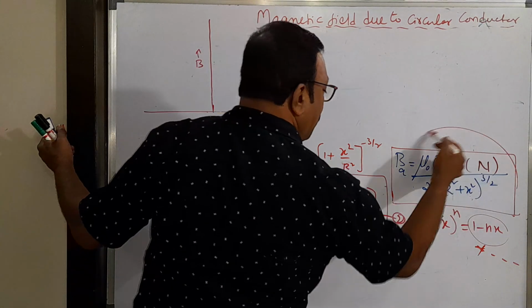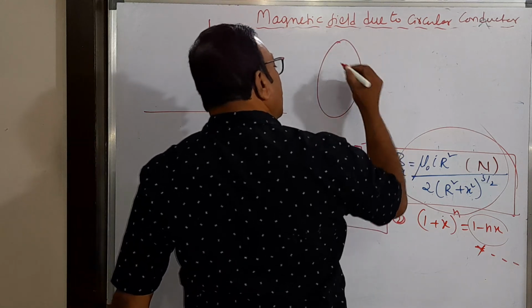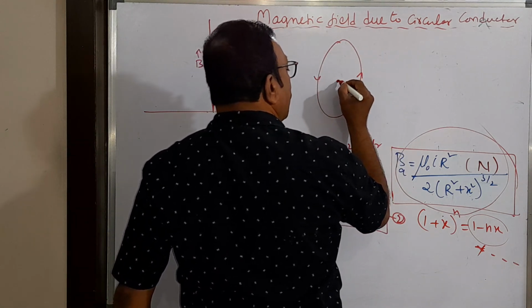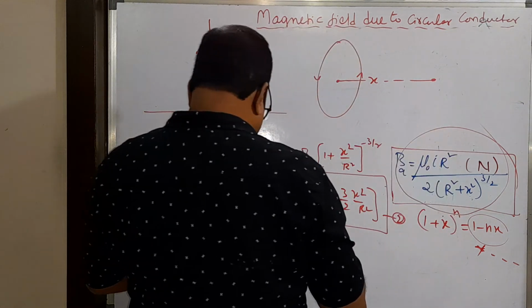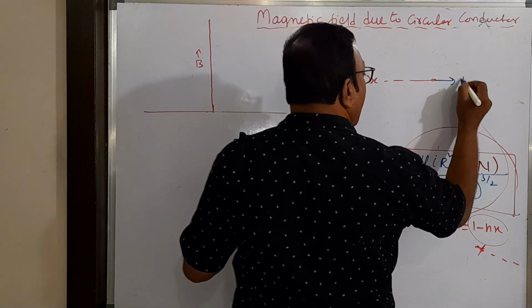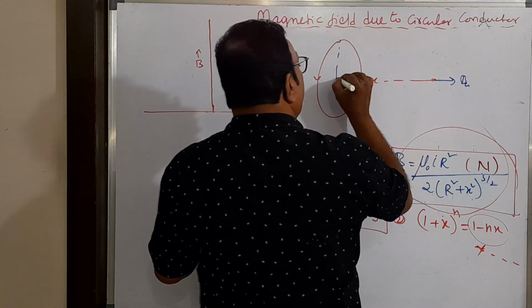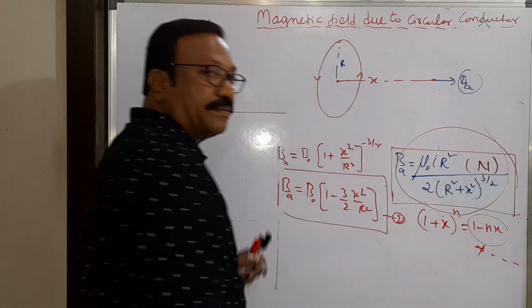Regarding this formula I am talking, that is magnetic field on the axis of a circular conductor at a distance x. So the magnetic field at this point due to this current is B axial, and whose radius is r. About this B axial I am talking.